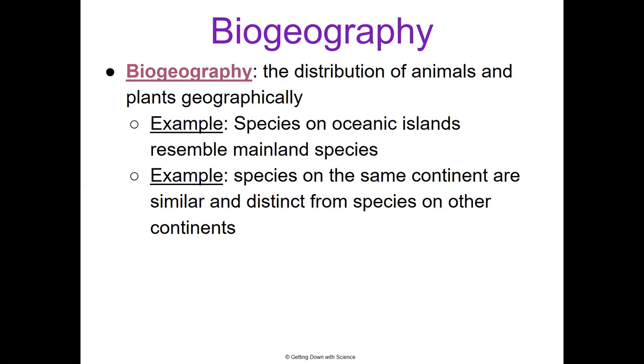We have a marsupial here in Texas. As a matter of fact, our opossum is a marsupial, but we don't find them many other places. And the other side of that is in New Zealand, we don't really find native organisms that have a placenta instead of the pouch.